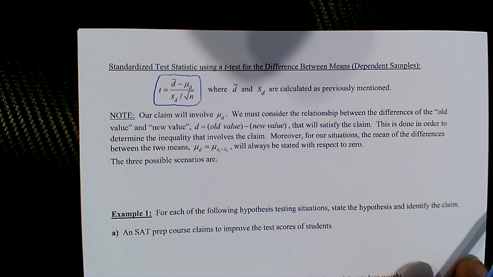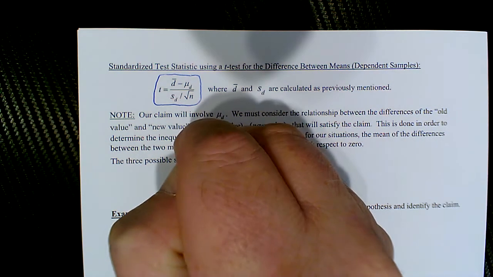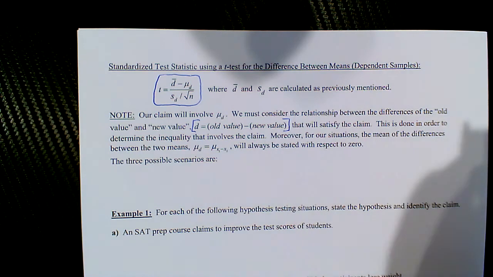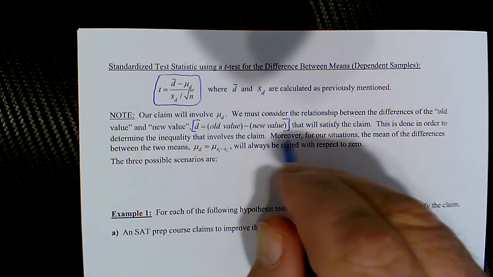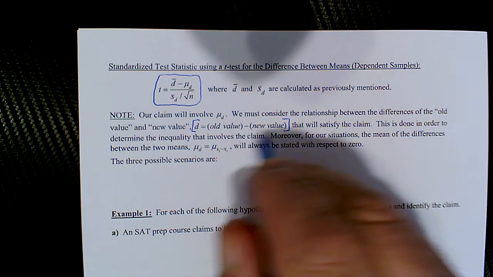Okay, so when we have to determine the hypotheses, we have to think about the relationship between the old and the new value, okay? Or before minus after. And however that's going to satisfy the claim. So essentially the sign, is it positive or is it negative?